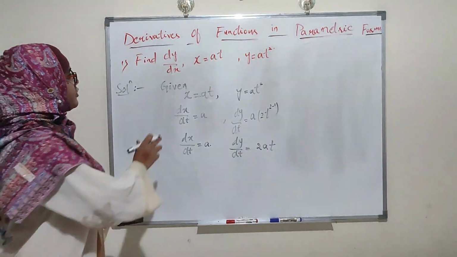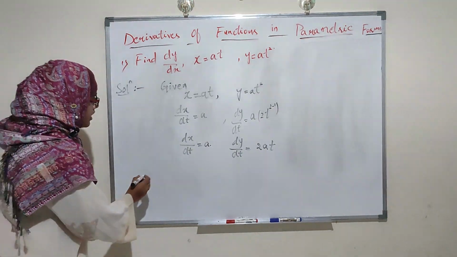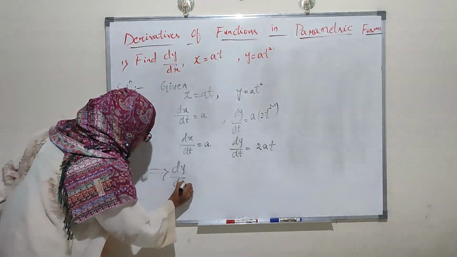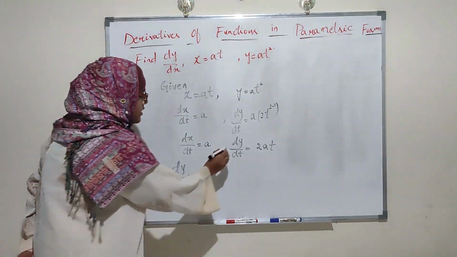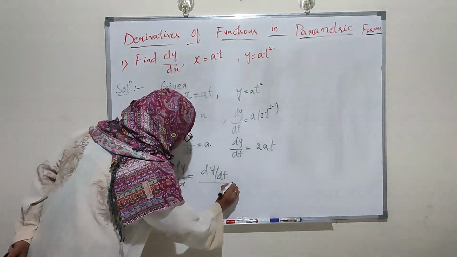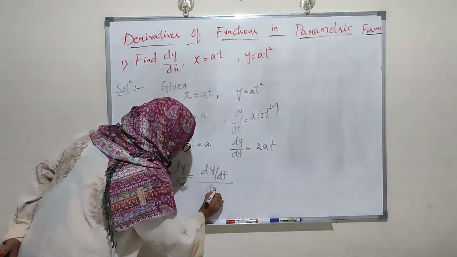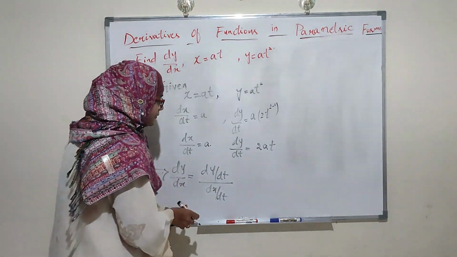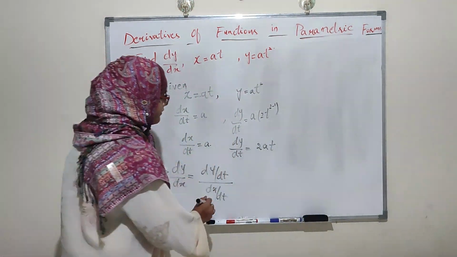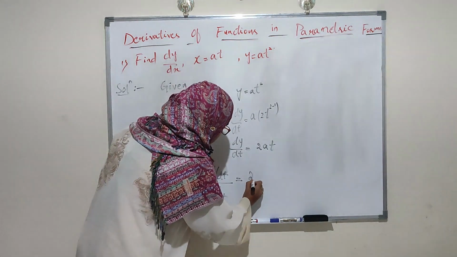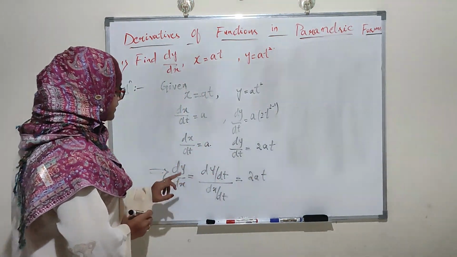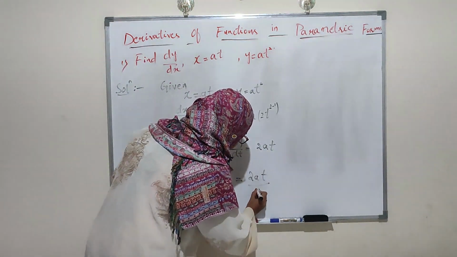Okay, now what do we have to find? We have to find dy by dx. This implies dy by dx is, first write the y term, dy by dt divided by dx by dt. dy by dt is 2at and dx by dt is a.